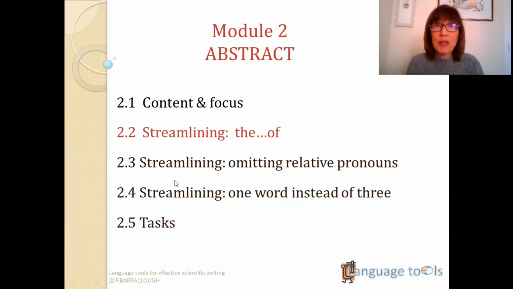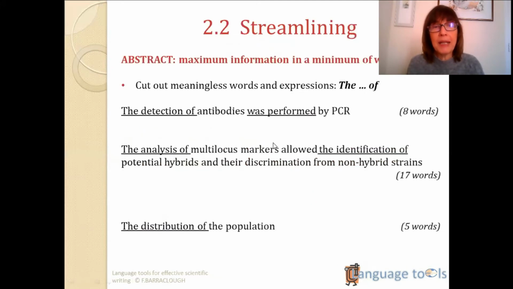Okay, all right, so the next part is related to streamlining. First, this use of the, of, which we are going to try to minimize, okay? So remember that we are in the context of the abstract. We want to provide maximum information in a minimum of words.